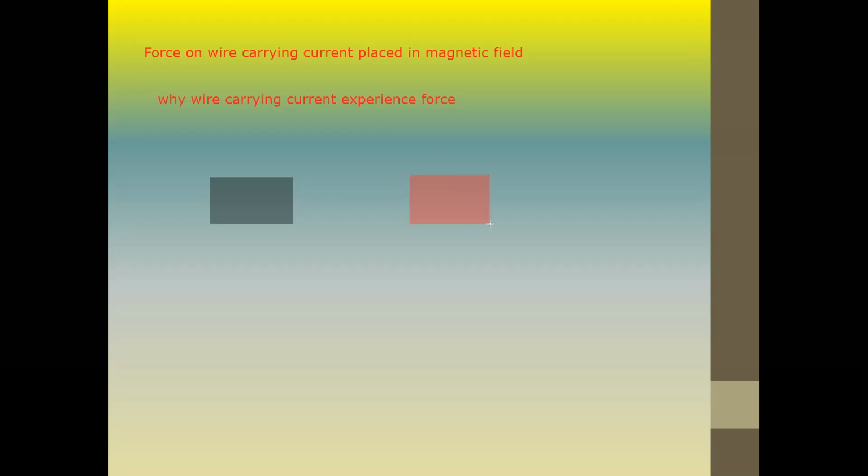The reason is, you can see, for example, we have a magnet with the magnetic poles north and south. The north pole is towards the left hand side, and the south pole is towards the right hand side.